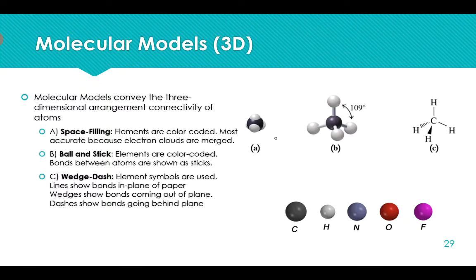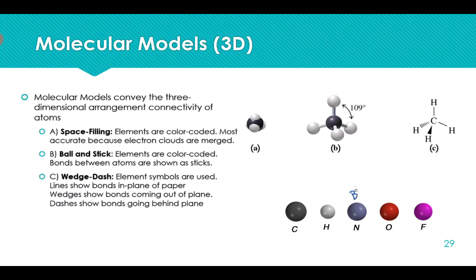Since our molecules are really three-dimensional objects, we can represent the atoms using the space-filling model to give the most accurate representation of relative atomic size and how squished together the atoms really are. We have CPK coloring to help color code the different elements.